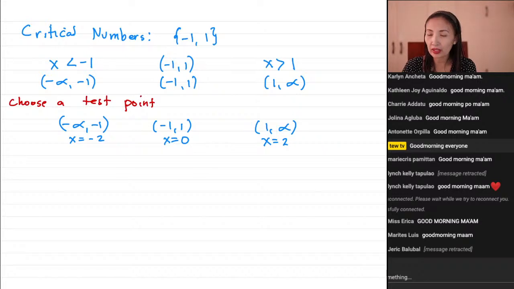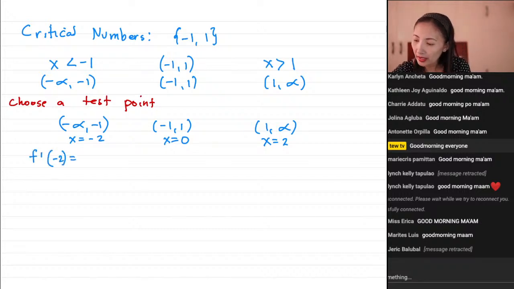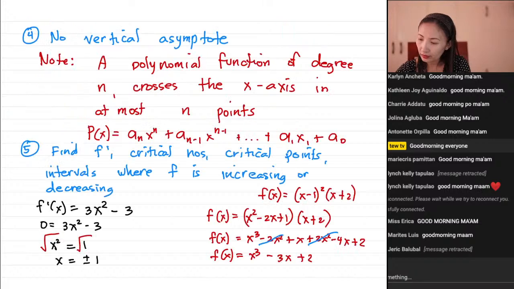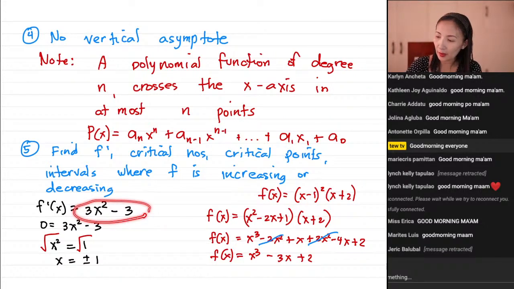Applying the first derivative test, what is f prime of -2? Okay, f prime of -2. Remember once again our f prime a while ago. Note that f prime of x is equal to 3x squared minus 3. Okay, so I just copied that.